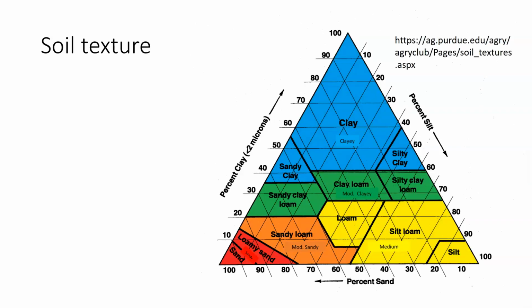When we deal with soils, we also deal with something called soil texture. Soil texture goes back to physical properties. This is your texture triangle. You've got 3 parts in here. You've got percent clay, you've got percent silt, you've got percent sand. These are very easy to determine with simple processes that are used in a laboratory. As your percent sand goes up on the bottom, you can see the percent silt and the percent clay come down as well.